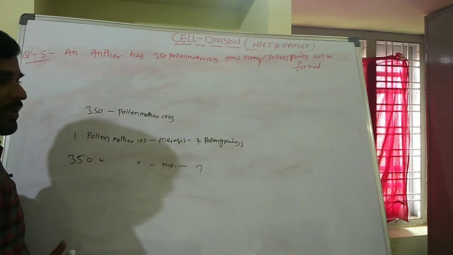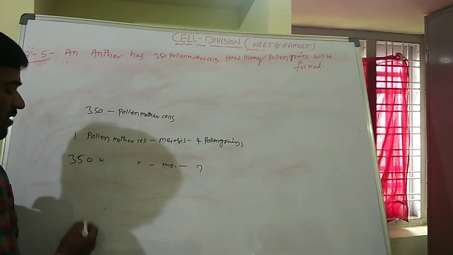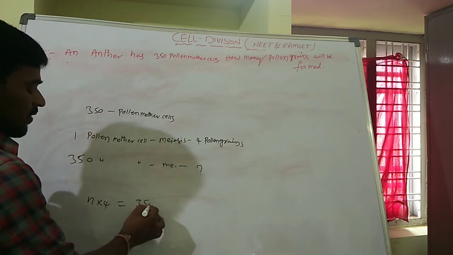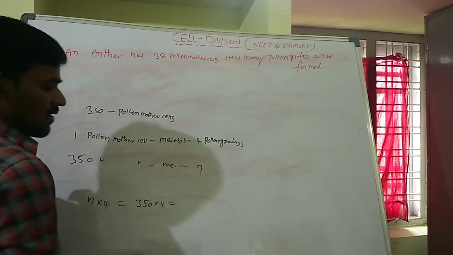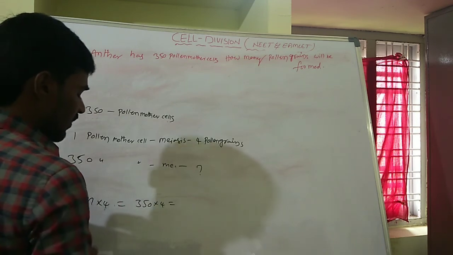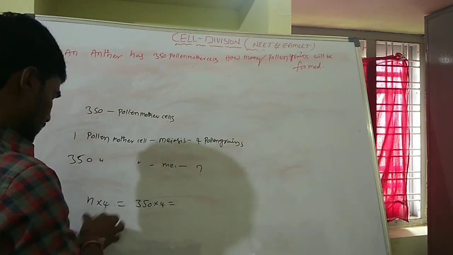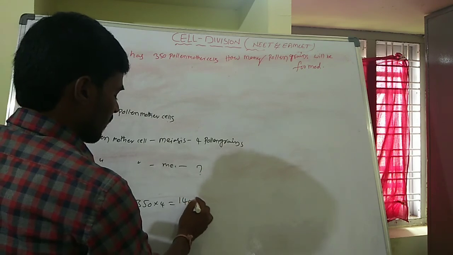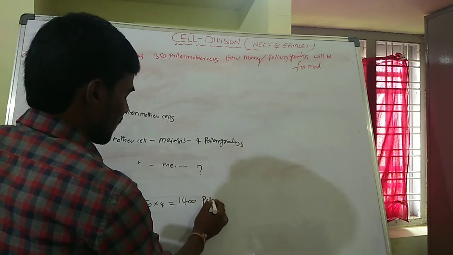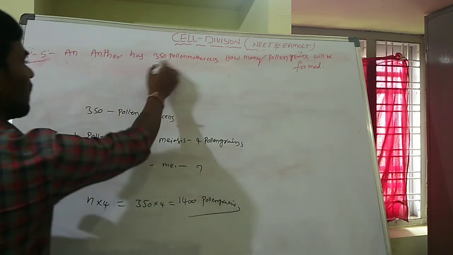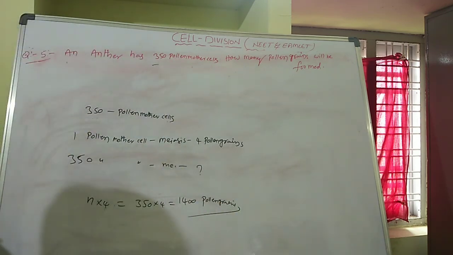How many pollen grains will be developed from these? Same. N into 4, that is equal to 350 into 4. Answer is 1400. 1400 pollen grains will be developed from the 350 pollen mother cells. Okay.